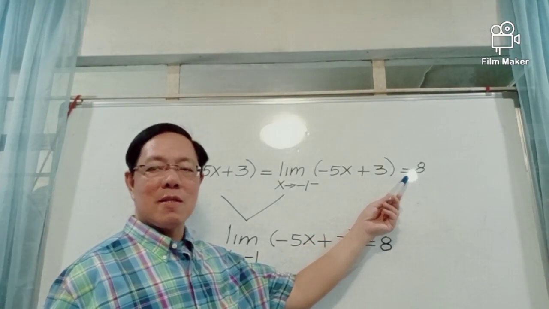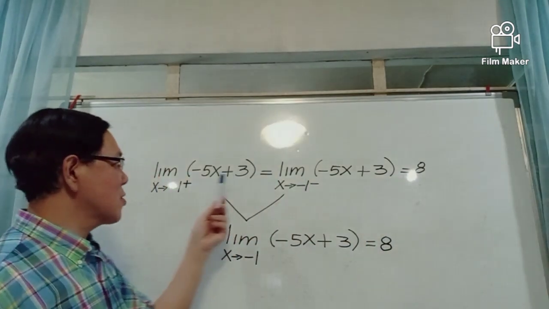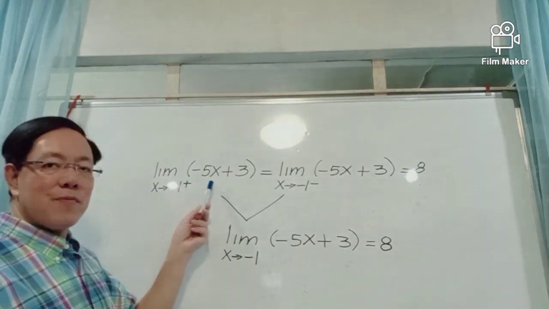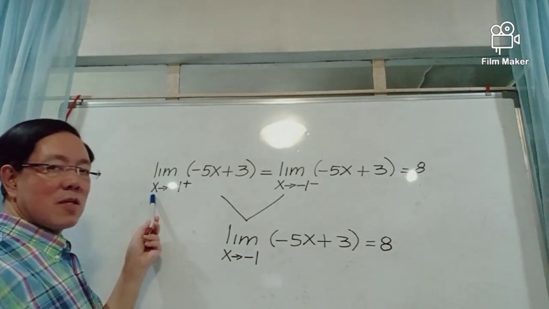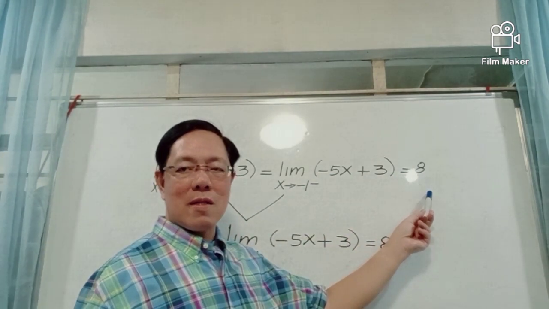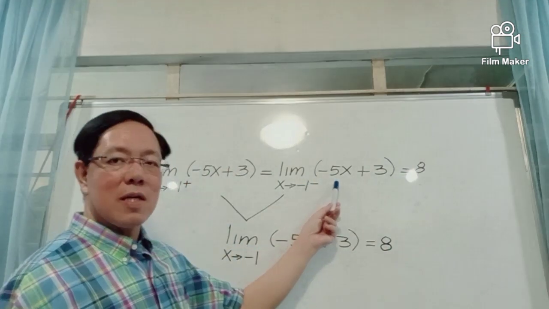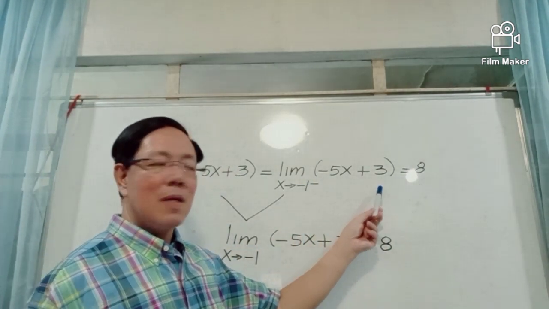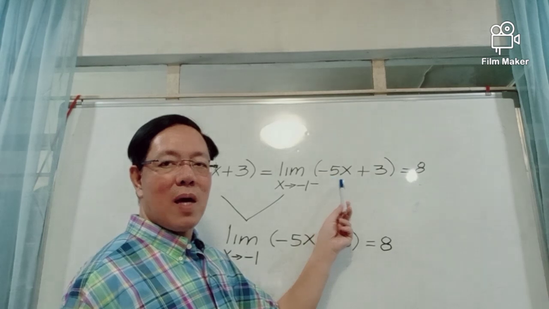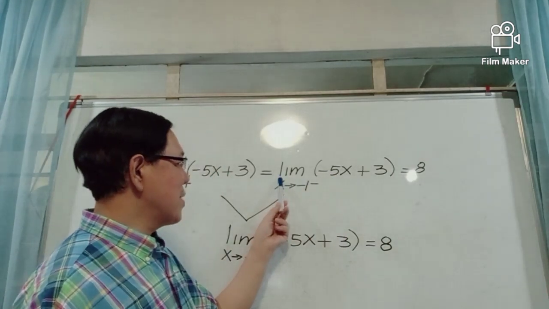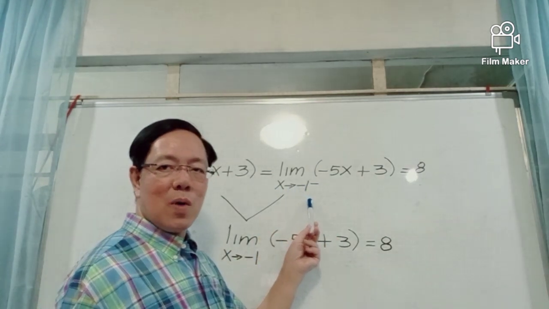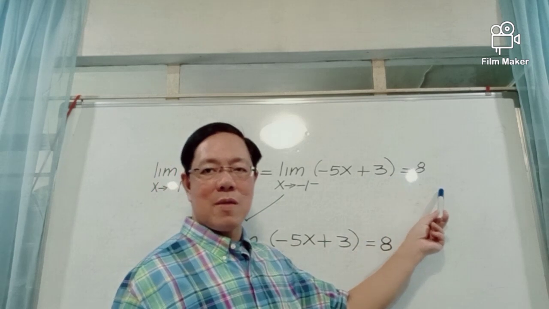The number 8 is the right-hand limit of the function negative 5x plus 3. That is, the limit of negative 5x plus 3 as x approaches negative 1 from the right is positive 8. 8 is also the left-hand limit of the function negative 5x plus 3. That is, the limit of negative 5x plus 3 as x approaches negative 1 from the left is positive 8.